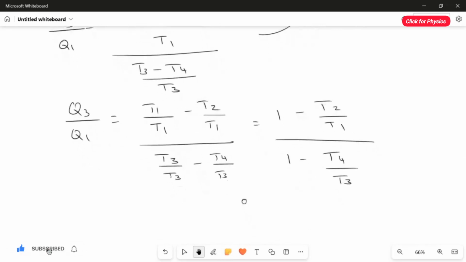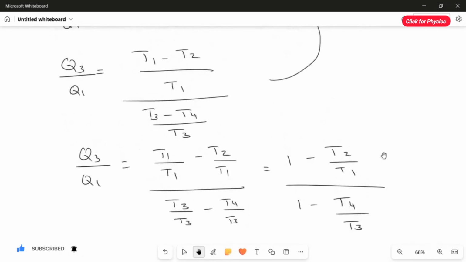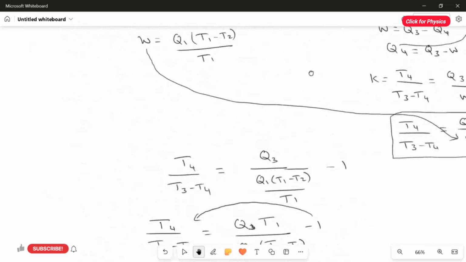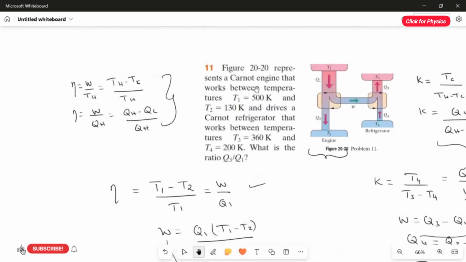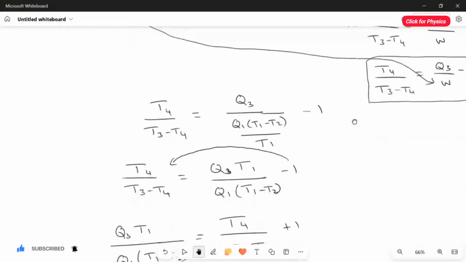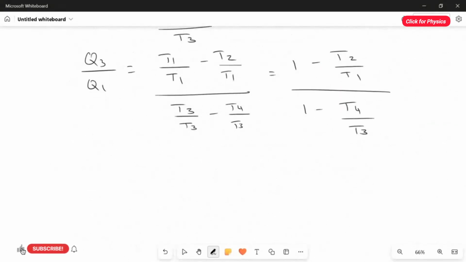Now I'm going to substitute the values of T1, T2, T3 and T4, which they already gave in the question. Let's go back to the question. T1 is 500, T2 is 130 Kelvin, T3 is 360, and T4 is 200. So I'm going to substitute all these values here and we will get the answer for the ratio of Q3 over Q1.